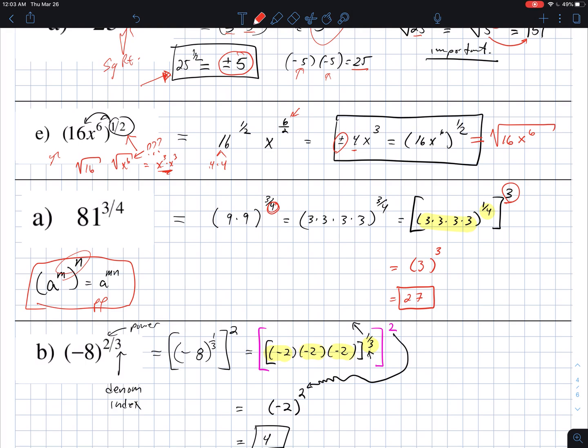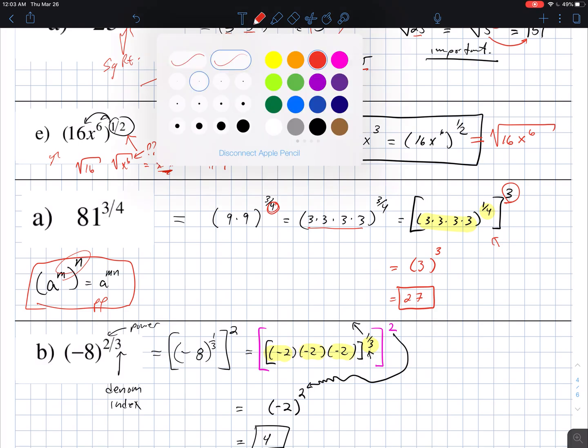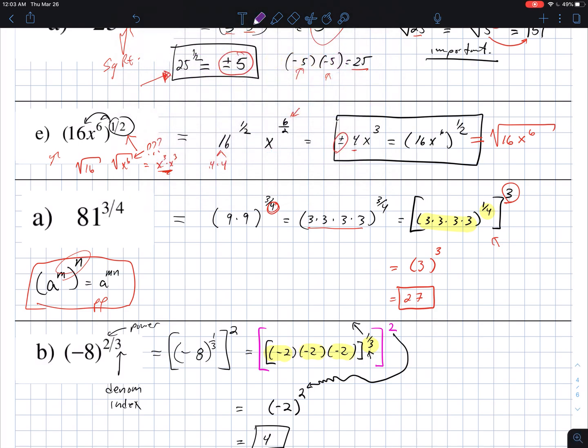So you'll notice how I rewrote this. I did factor out the 9s, and then I rewrote it in an interesting way. You might say, well, what happened? Well, keep in mind that if you multiply 3 times 1/4, you're going to be following this rule, and you're still going to end up getting that fraction, 3/4, right?